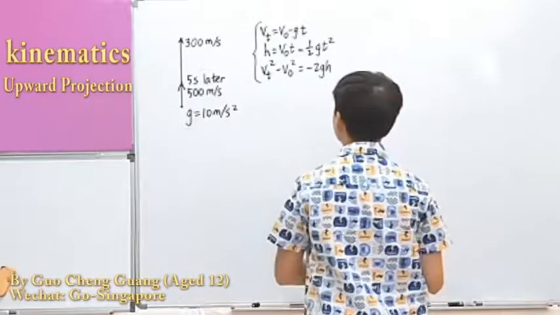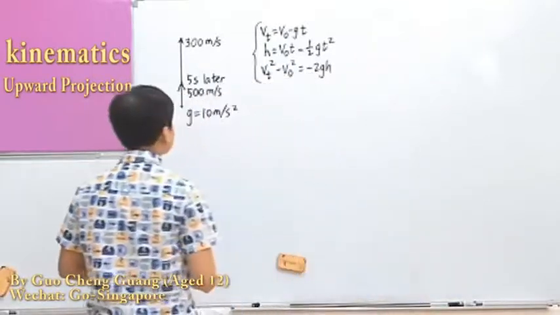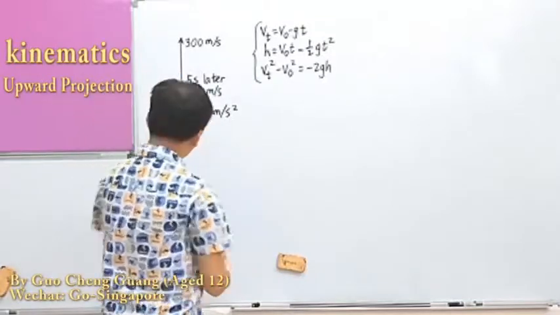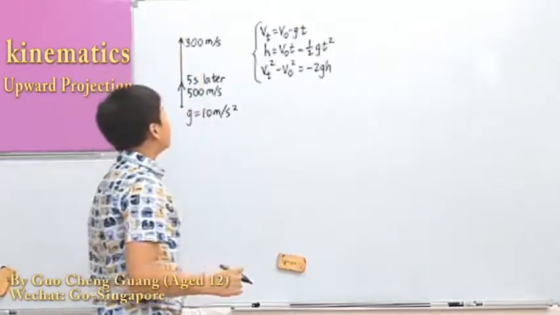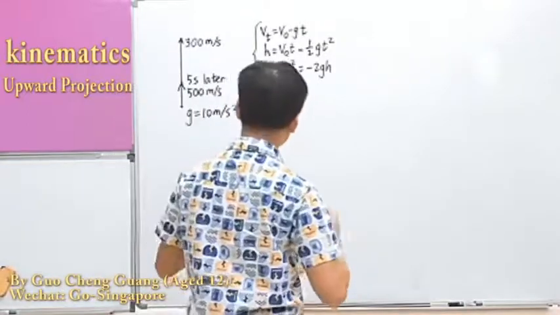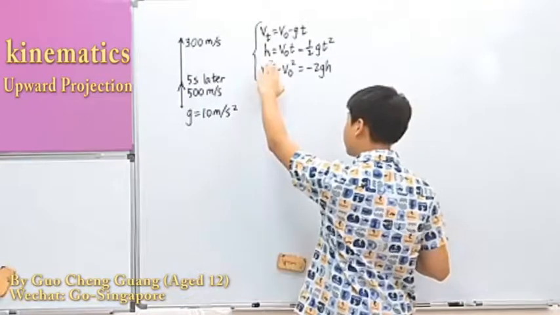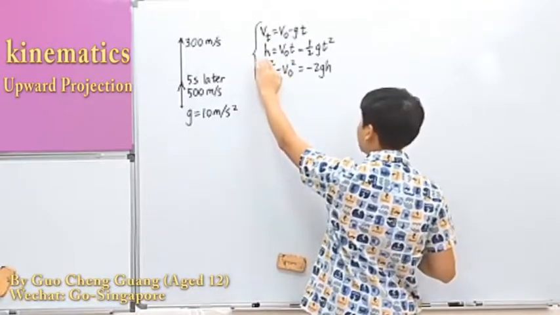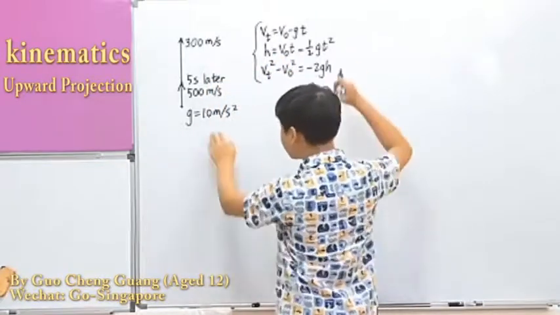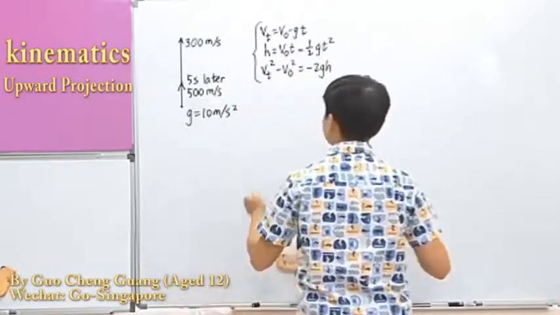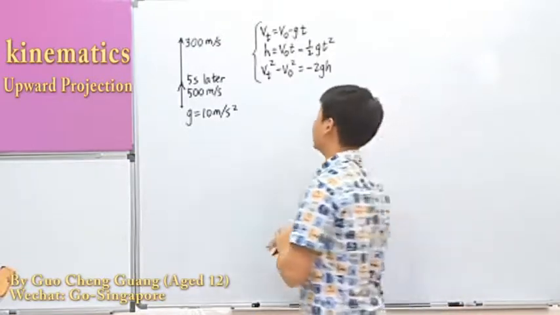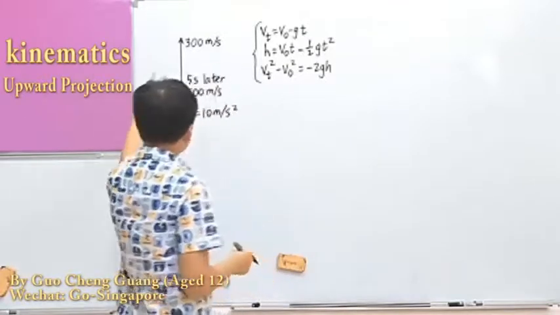So let's see, what will we need to use? When they meet each other, or the one behind catches up, that means the displacement is the same. Since the displacement is the same, we could calculate the displacement with this formula. We're given the initial velocity for both, and we're also given g. For time, there's only one variable here, and we also know the difference.